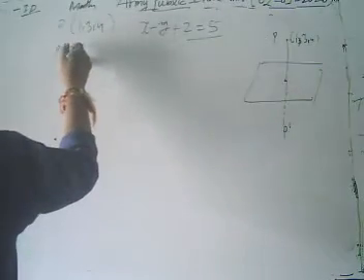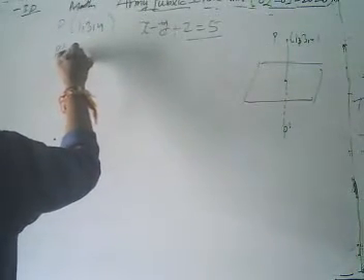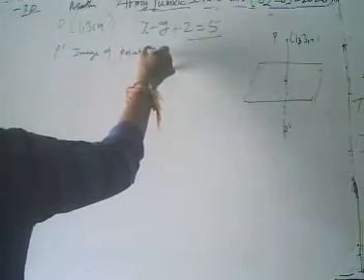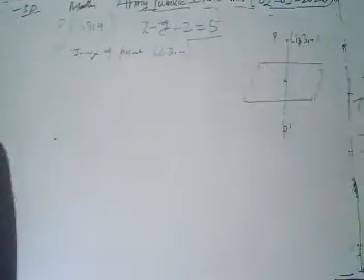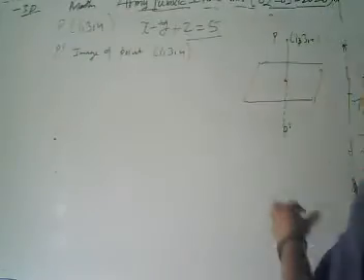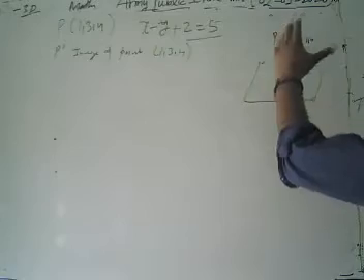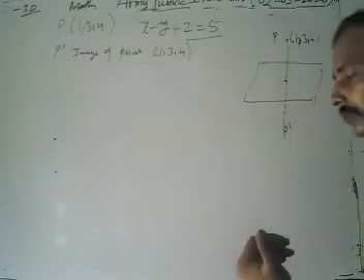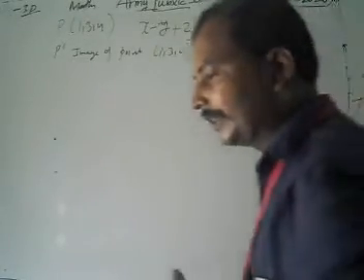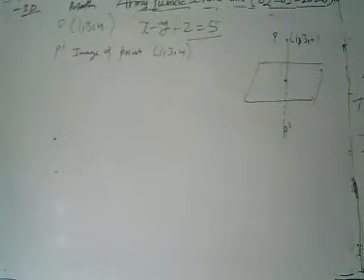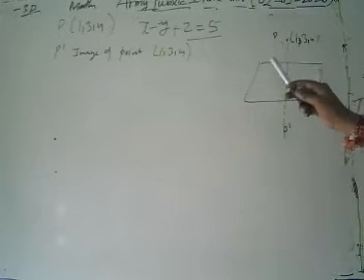Suppose our P prime is the image of the point (1, 3, 4). Always when we are talking about the image in a plane, we always take a perpendicular. The point goes to P prime, the image of the point in the plane x minus y plus z equal to 5.